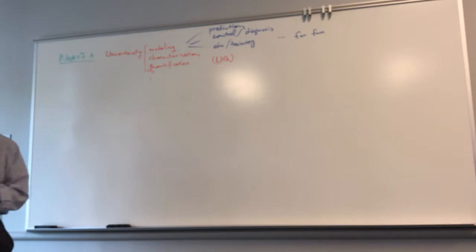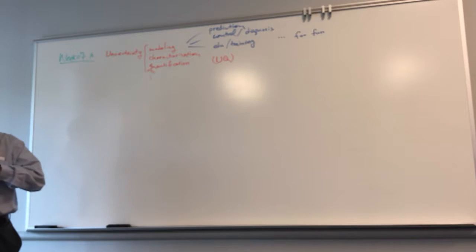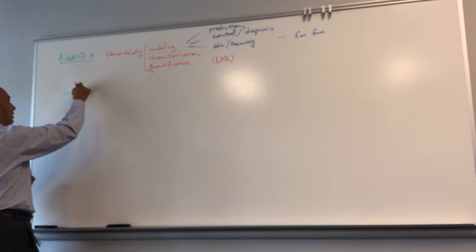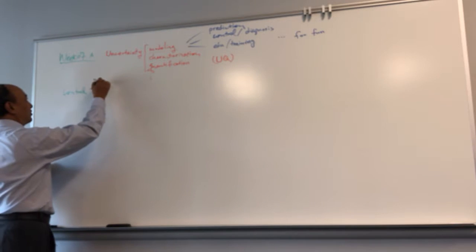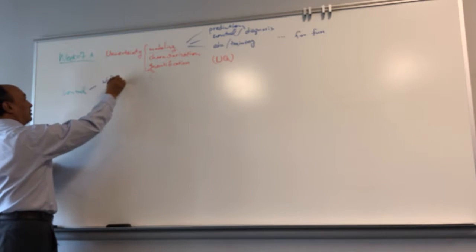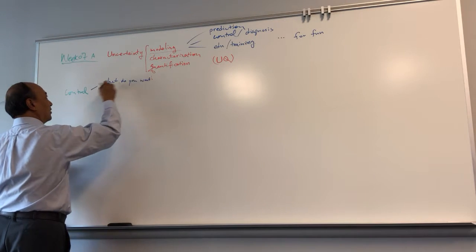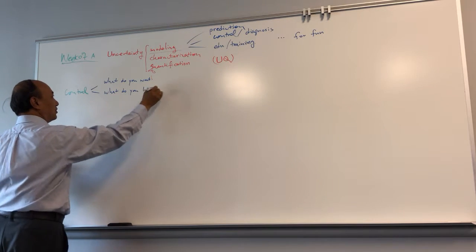It's a very thick chapter. We're going to spend 1.5 weeks on this, okay? It takes a long time because, for control, I said control is an area full of interesting things, because in control, you ask what do you want, and what do you have, what do you know.